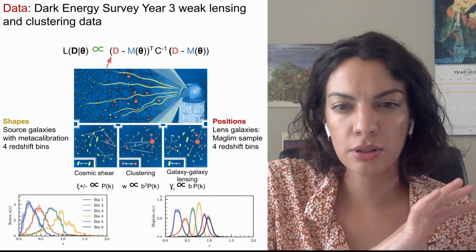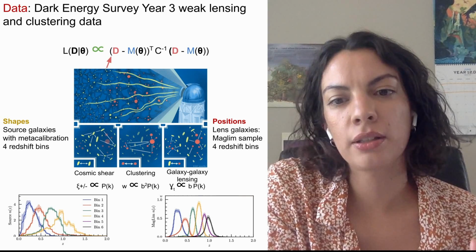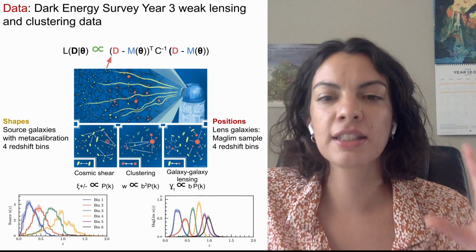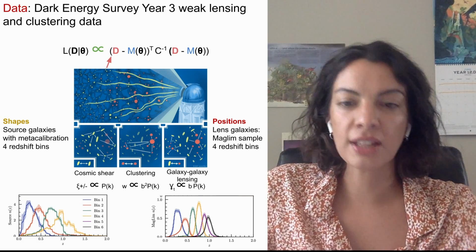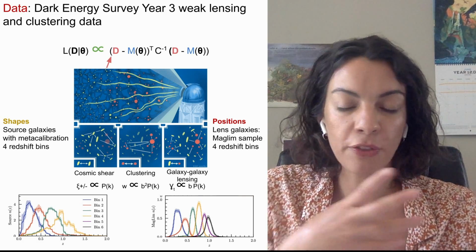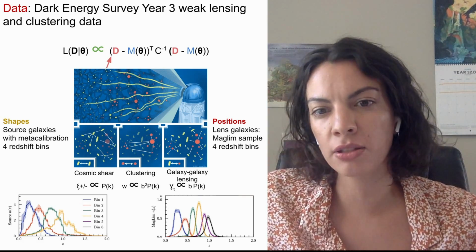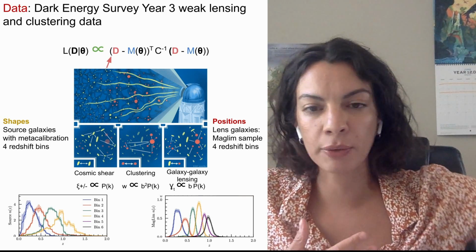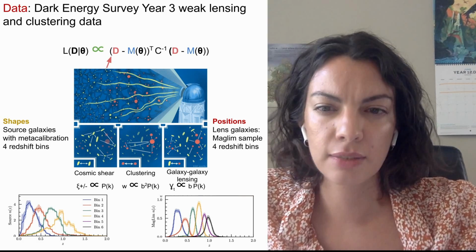So we first build one 2-point correlation function, which is cosmic shear, and that gives you direct information about the distribution of matter and its evolution between us and the background galaxies, those source galaxies.